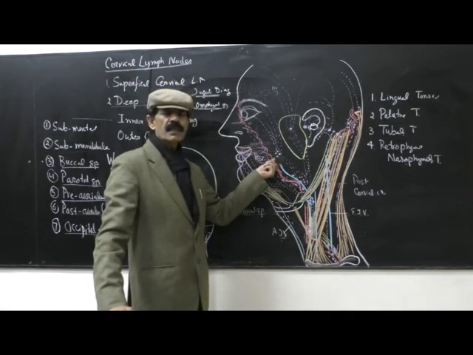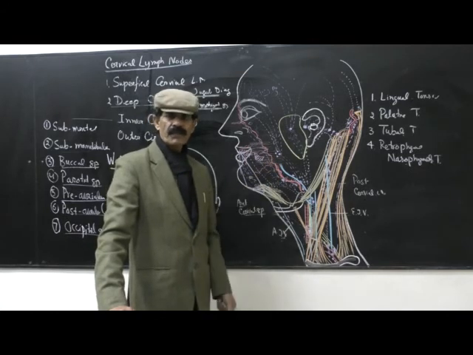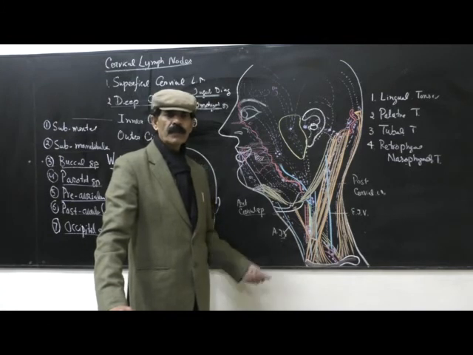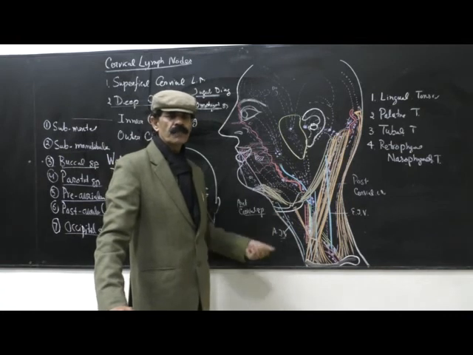And in the tubal tonsil, the lymph nodes of the tubal tonsil receive the lymph afferents from the Eustachian tube, from the tympanic cavity, and from the posterior part of the nasal cavity.